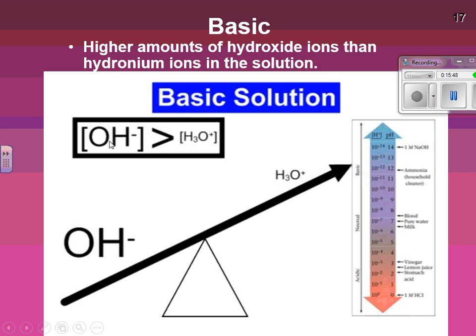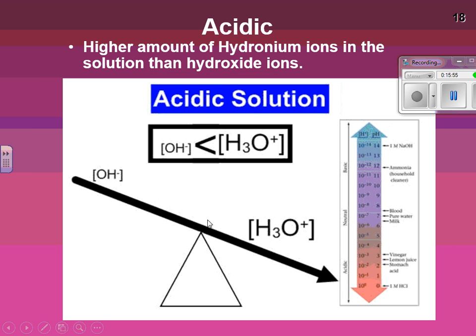Okay, so again, here's another graphic. Hydroxide ions are greater than hydronium ions, so that's a basic solution. Now, an acetic or acidic solution would obviously have more hydronium ions in the solution than hydroxide ions. So in this case, the scale is going to tilt down because this is larger than this.